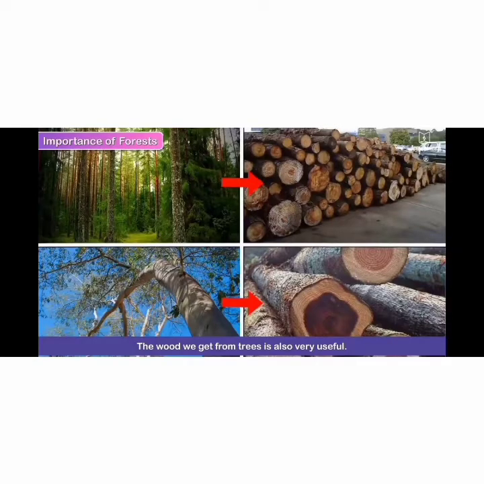The timber, which is mainly used for building houses and making furniture. Timber means the wood, the hard part of a plant, which we get from the trees, and it is very useful to build houses and to make furniture.